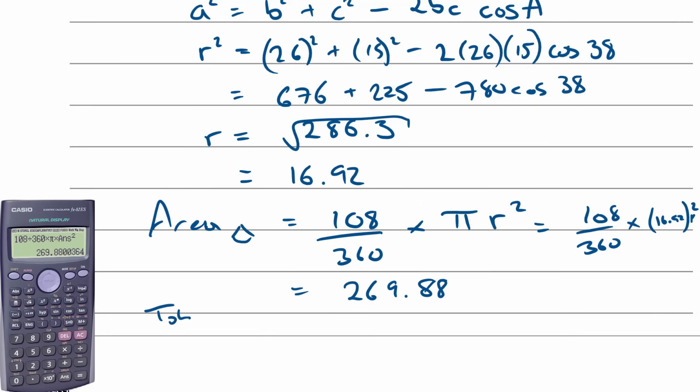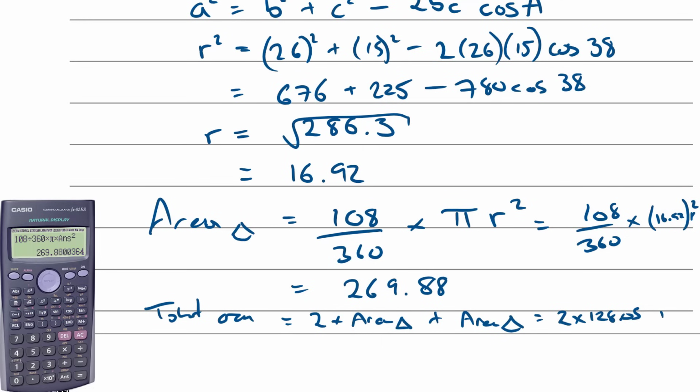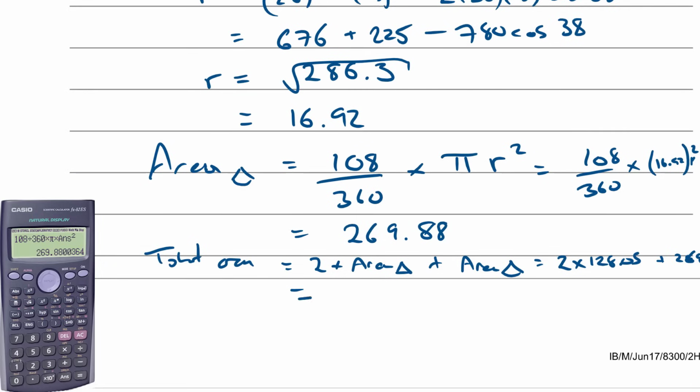So then total area is going to be 2 times the area of the triangle plus the area of the sector, which is 2 times 128.05 plus 269.88, which is equal to, I'm going off the bottom of the page here, which is very naughty, shouldn't do that in the exam.